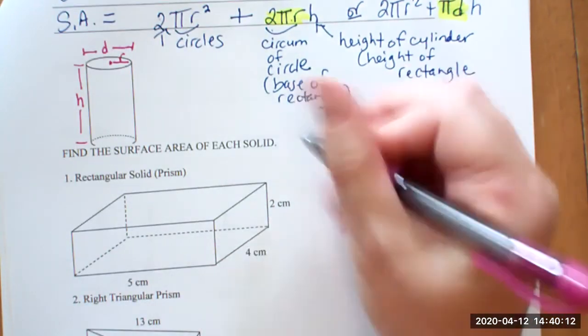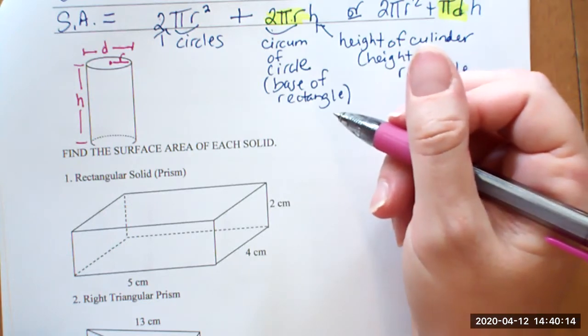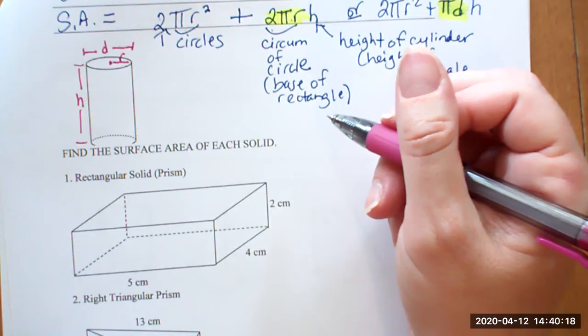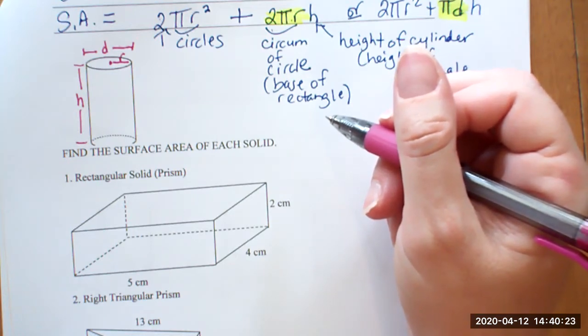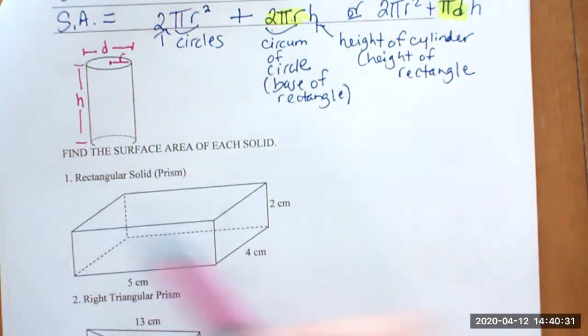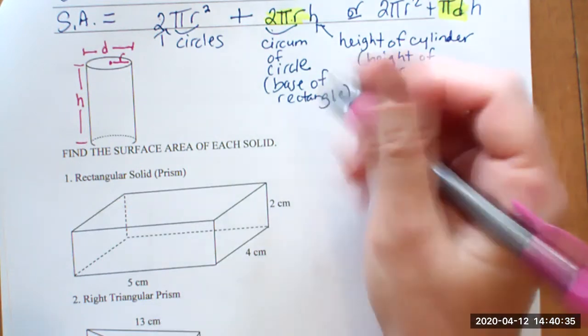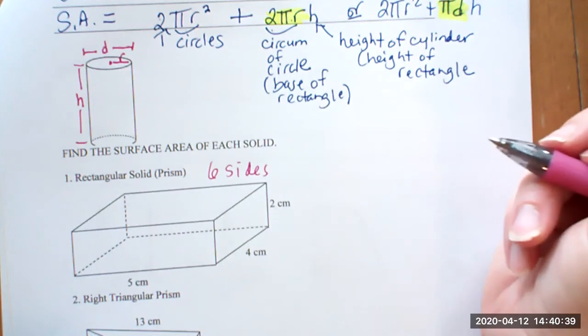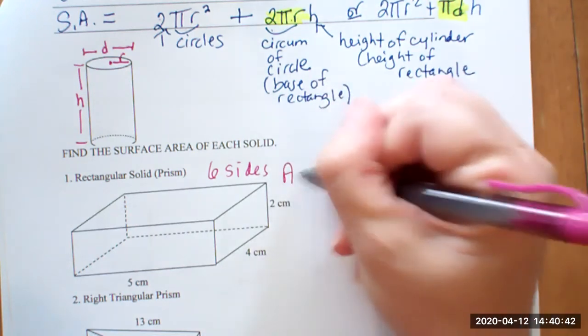First of all, remember we want to make sure we know how many pieces we need, because if you don't consider all 6 sides, you're not going to have the correct result. We have a top and a bottom, left and right, front and back, which altogether gives us 6 sides. So make sure you consider all of those pieces when you're calculating the surface area.